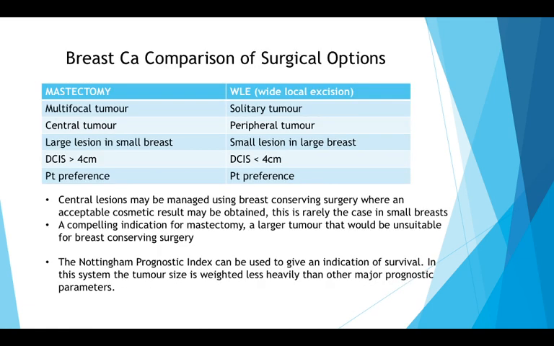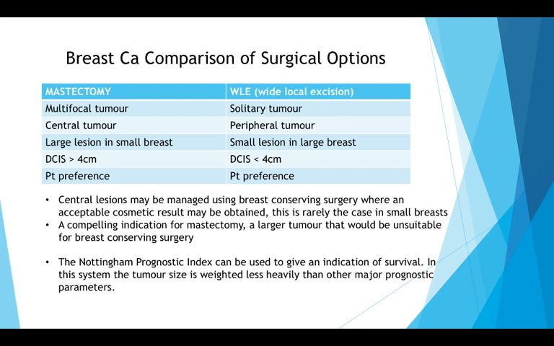So, comparing mastectomy with a wide local excision. There are various indications as to why you'd go for a particular one. A mastectomy is preferred if the tumour is multifocal, so it's in various sites, it's centrally located perhaps, or it's a large lesion within a small breast, so you can't really salvage much breast tissue, so you may as well remove it.